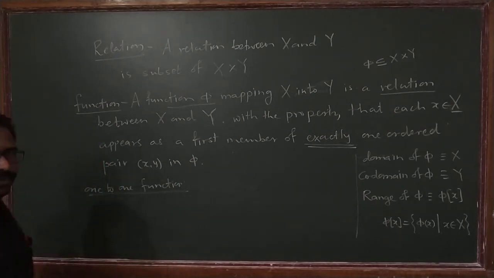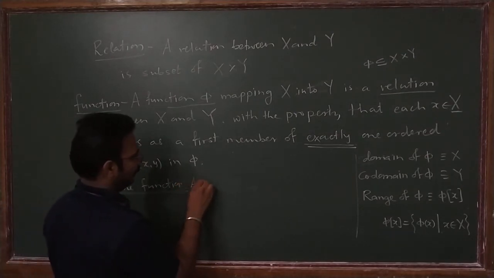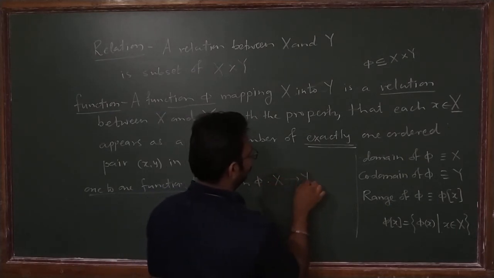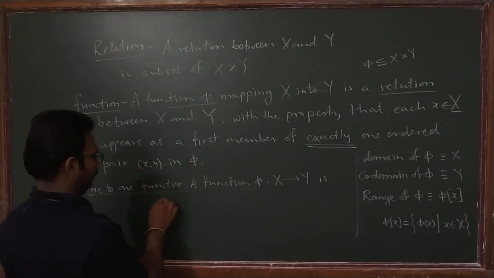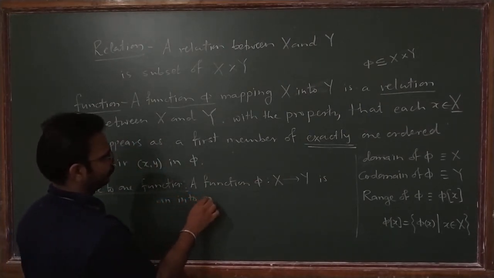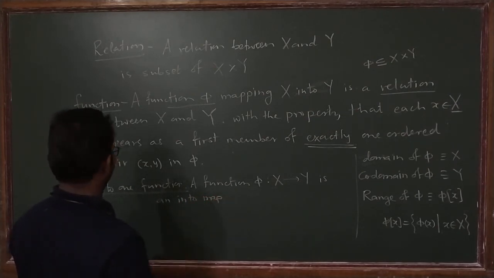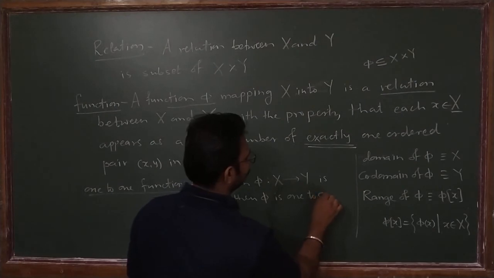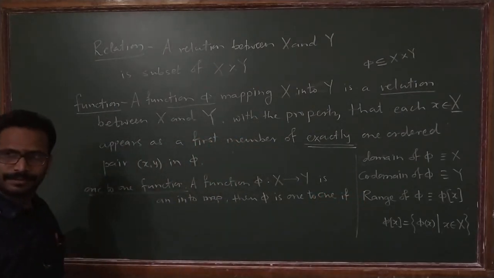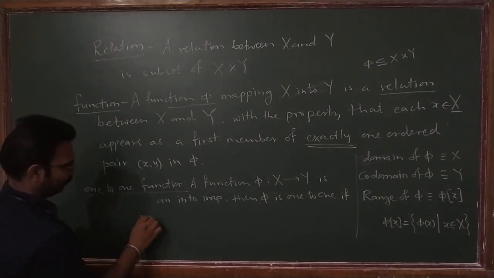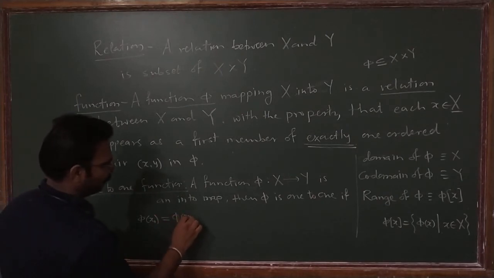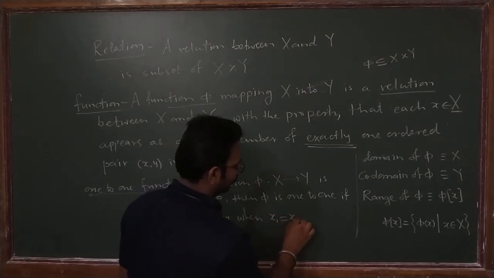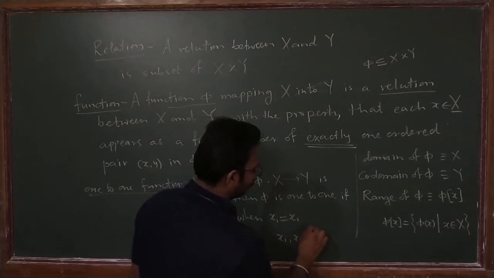Now, one-to-one function. What will be a one-to-one function? A function phi from X to Y, an into map, then phi is 1 to 1 if phi of x1 is equal to phi of x2 only when x1 is equal to x2, when these x1 and x2 are from the domain.